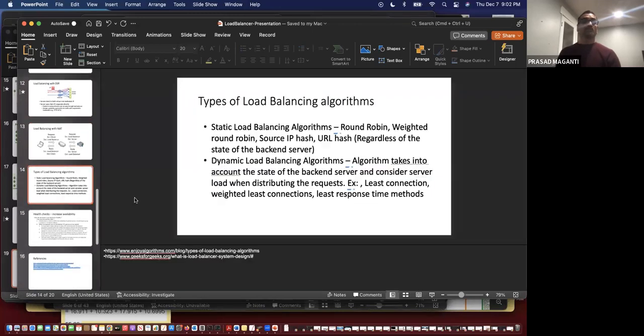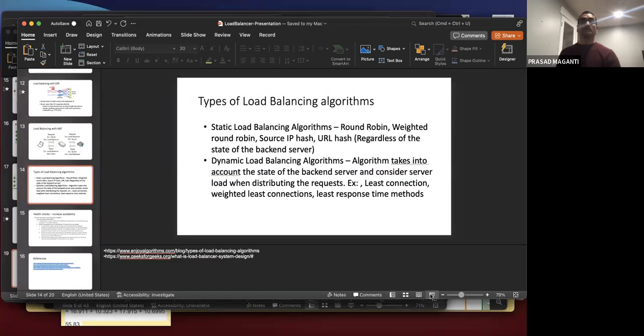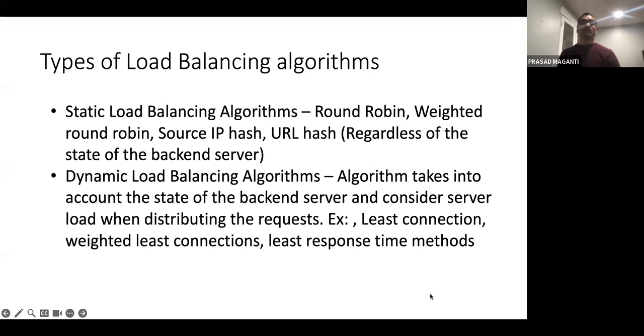Okay, so we briefly touched upon this, and I have given a little bit more information here. You have static mechanisms: you can do round robin, weighted round robin, source IP hash, URL hash, or dynamic.